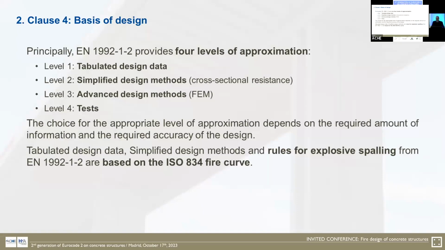Then we have simplified design methods, which are very useful when you perform some cross-sectional resistance checks. Now, this required a lot of work because clearly in fire, there are certain aspects that cannot be limited to the sole cross-sectional resistance. For example, in fire resistance, you have a lot of papers and a lot of tests devoted to columns. That's because of buckling problems.